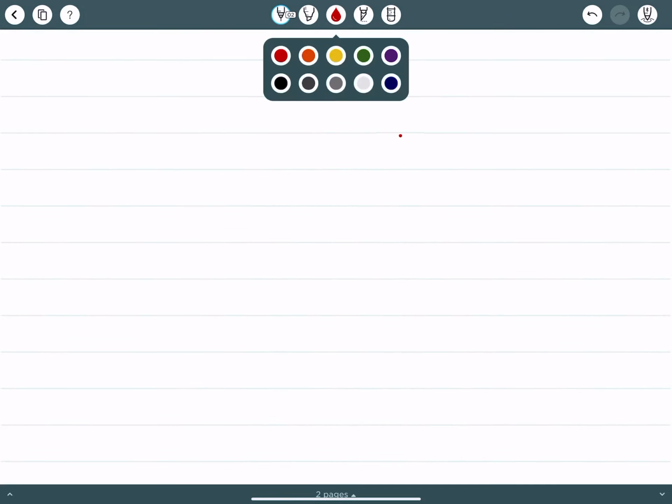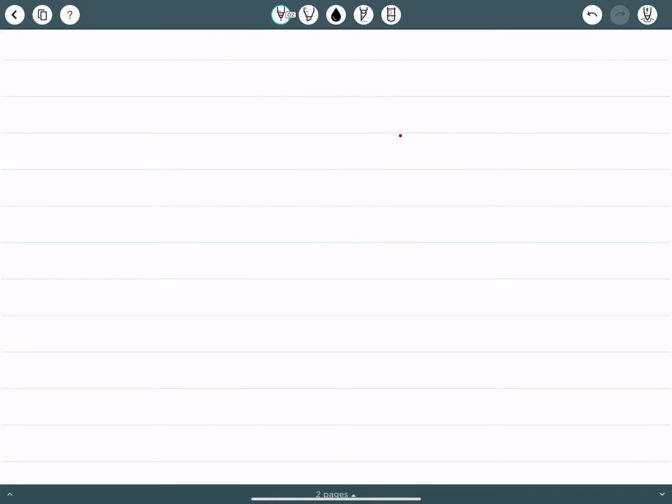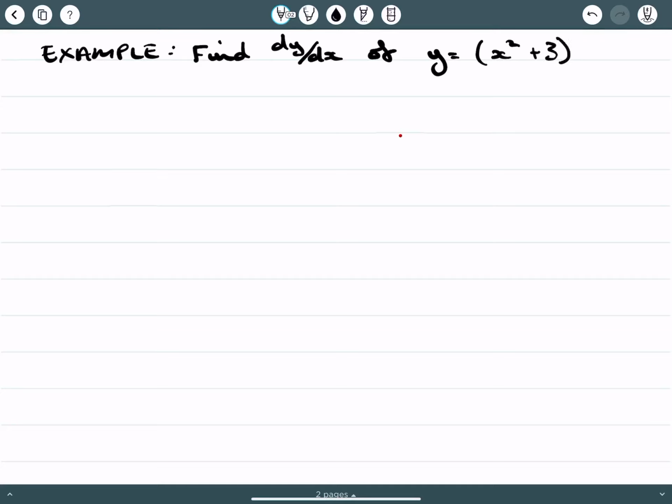But if you were asked to solve a problem that was a little bit more tedious, so find dy/dx of y equals (x squared + 3) to the power of 5.